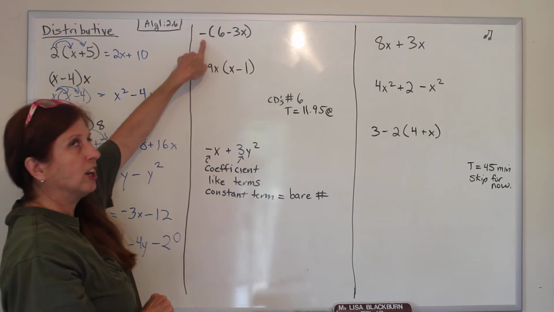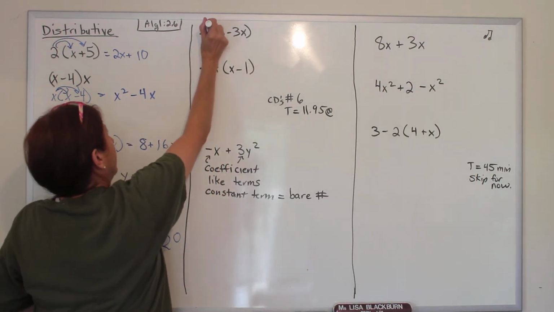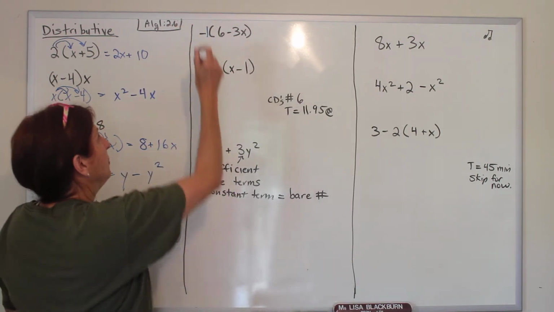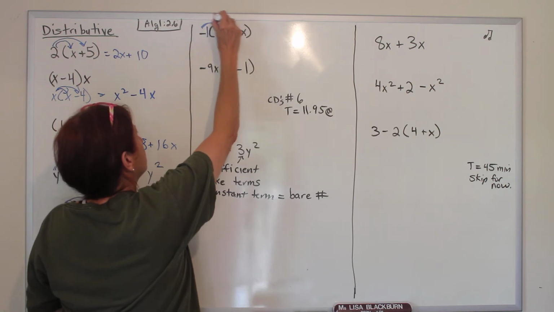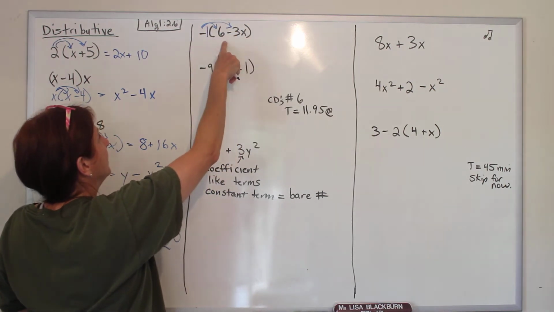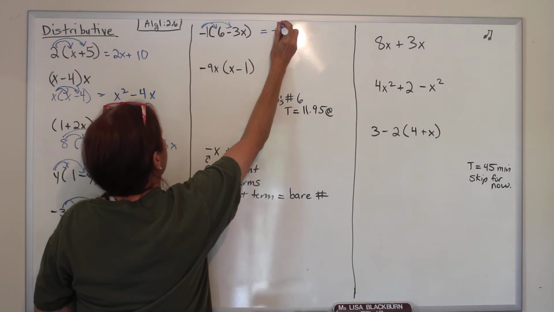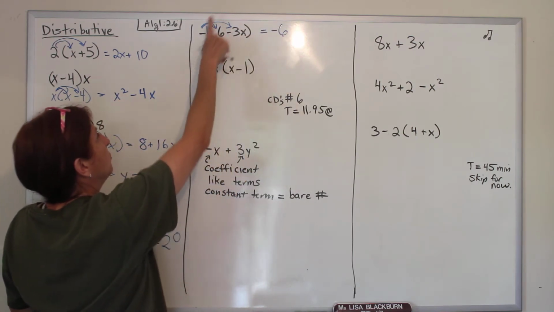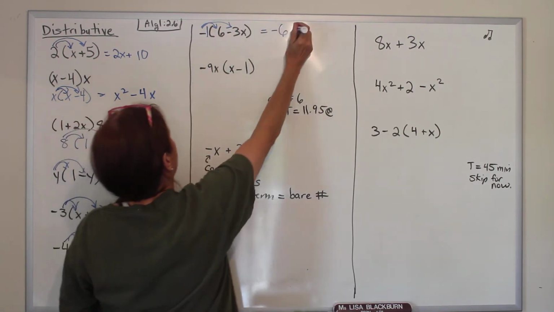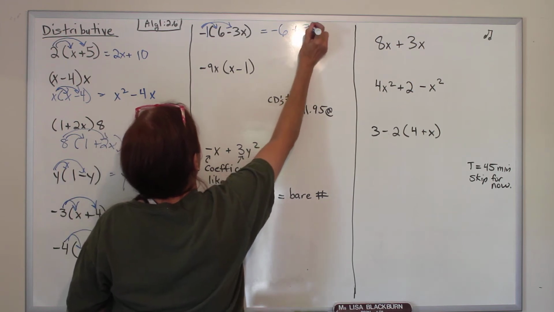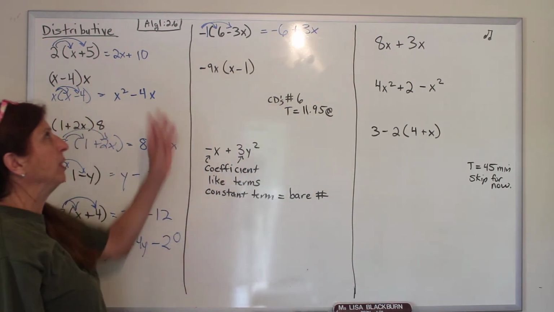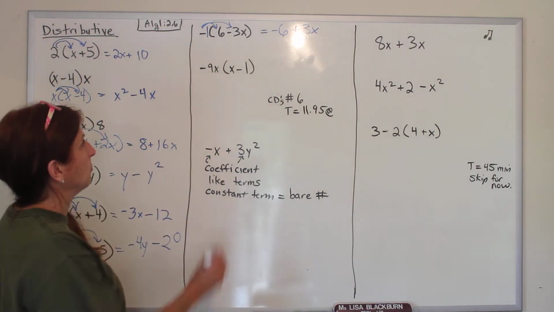Now, this is an understood 1 times this problem. So I draw my arrows. Negative 1 times 6 is negative 6. Negative 1 times negative 3x is positive 3x. We distributed the negative.